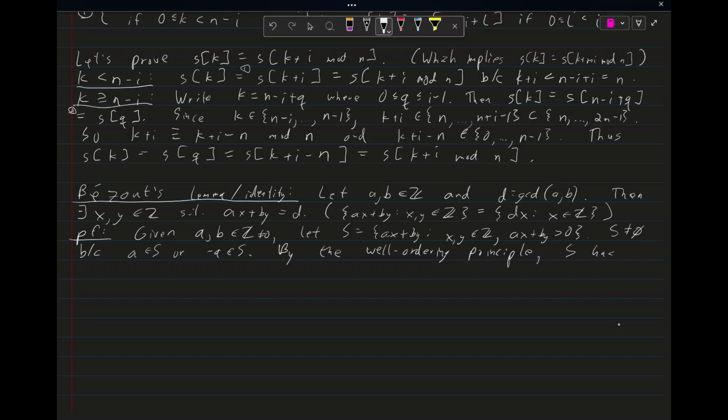Basically what we need is that S has a minimal element that we will call d prime. Let's say it's just as plus bt, because it is some integer combination of a and b. So let's just say those integers are s and t.